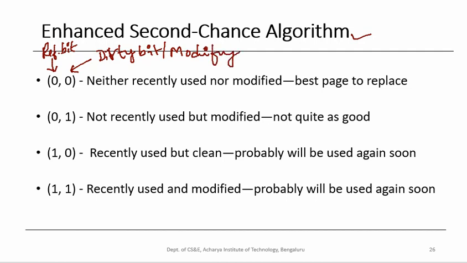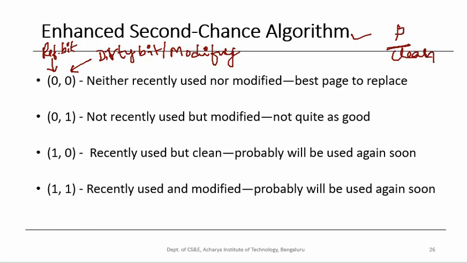So every entry in the page table has to have two additional bits, this reference bit and modify bit. What this modify bit represents: if the value of the modify bit is 0, that means the page which is associated with this bit is a clean page.